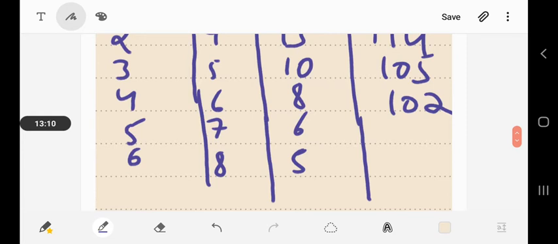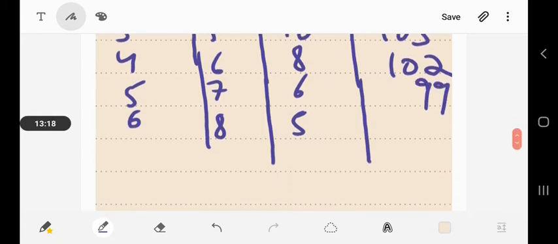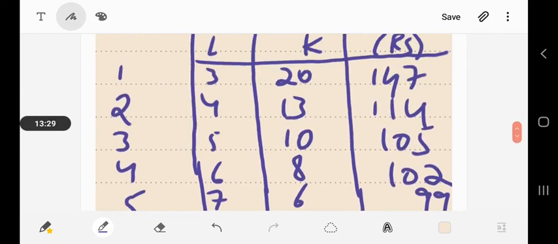And then 7 into 9 plus 6 into 6, that is equal to 99. And then 8 into 9 plus 5 into 6 is equal to 102.